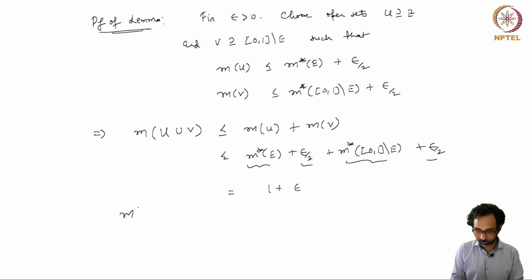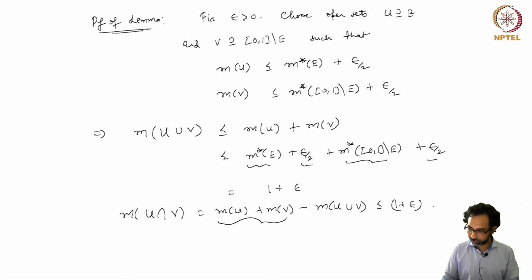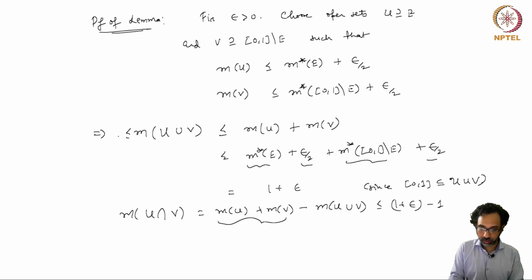On the other hand, the measure of U intersection V is equal to the measure of U plus the measure of V minus the measure of U union V. The first part is less than or equal to 1 plus epsilon, and the second term is greater than or equal to 1, since [0,1] is a subset of U union V, so the measure of U union V is in fact greater than or equal to 1.